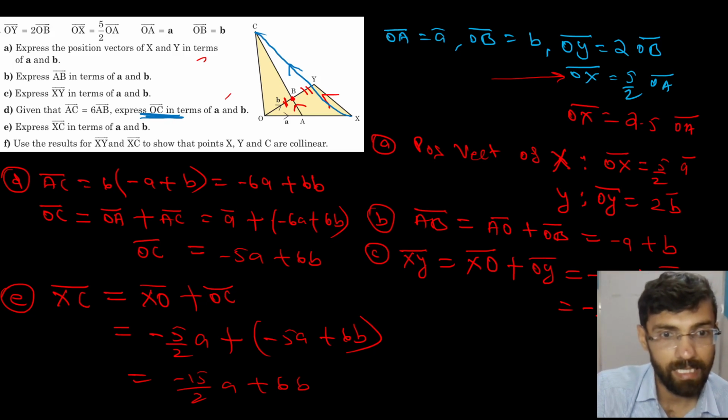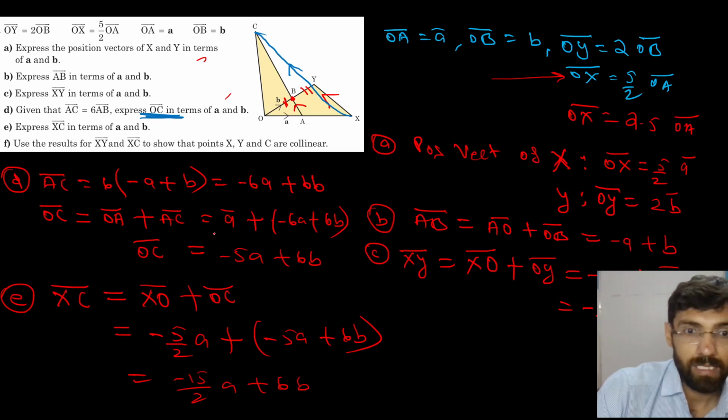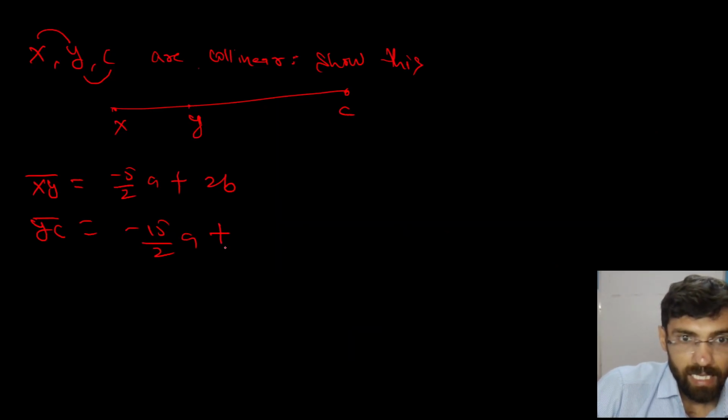Okay, we have XC. XC is minus 15 by 2a plus 6b. This is not YC, this is XC, by the way.